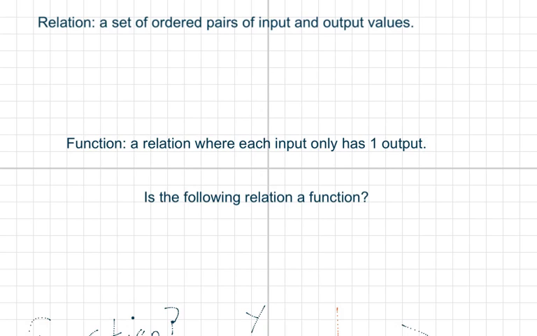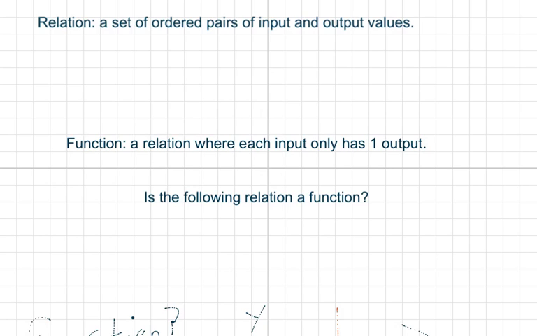When x equals 4, look at what y is. y equals 7, y equals 3, and y equals 2.